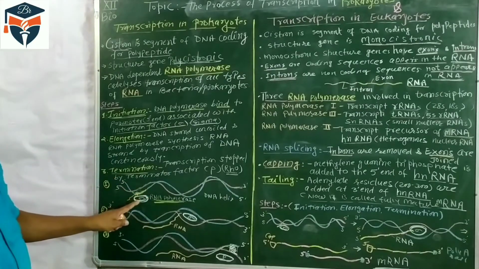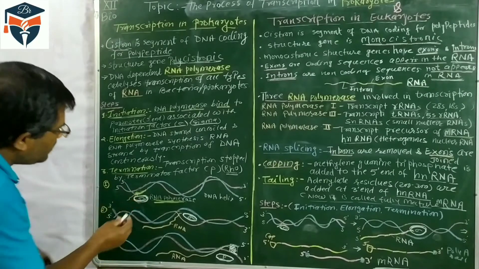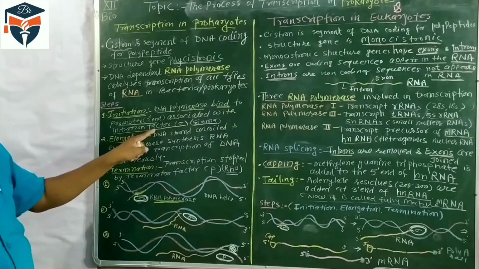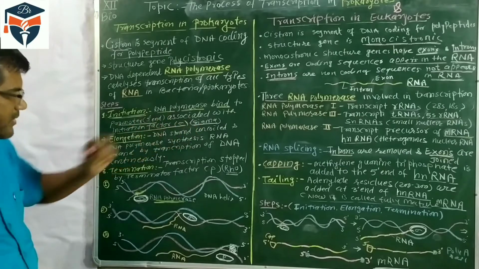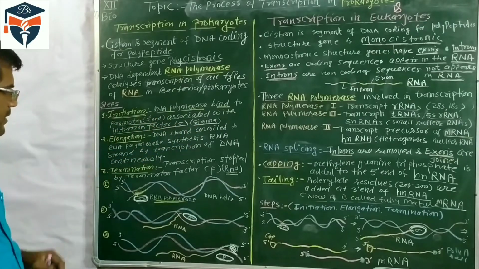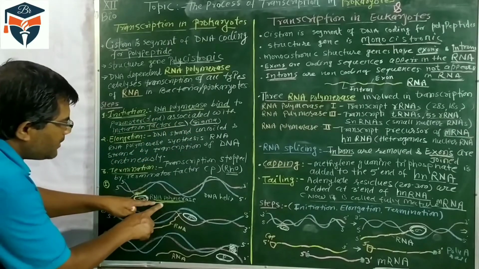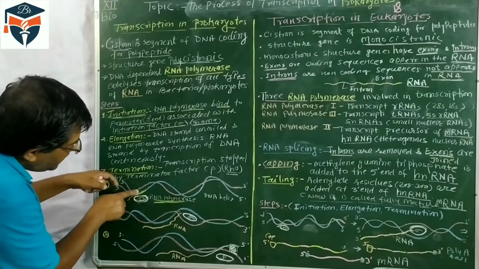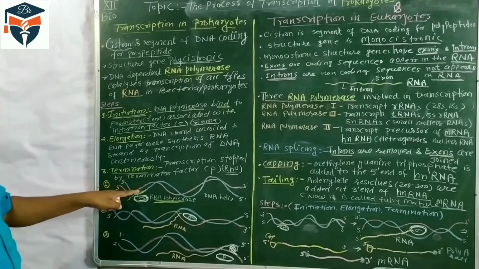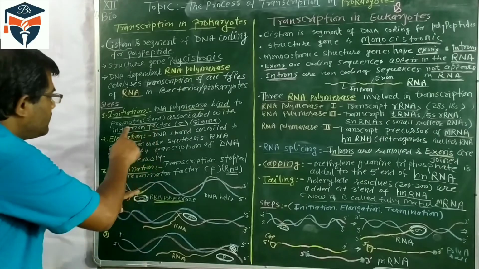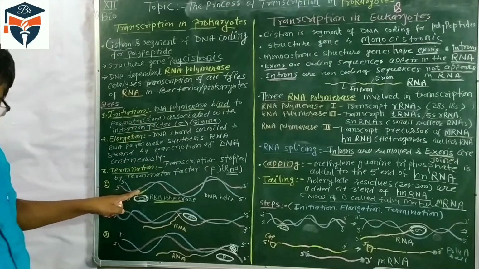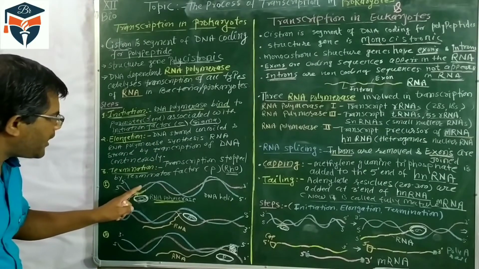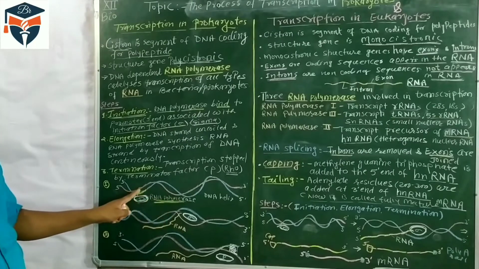This RNA polymerase enzyme, along with the sigma factor, or we are saying the initiation factor, binds with the promoter site. It means at the 5th end, at the promoter site, RNA polymerase is bound.